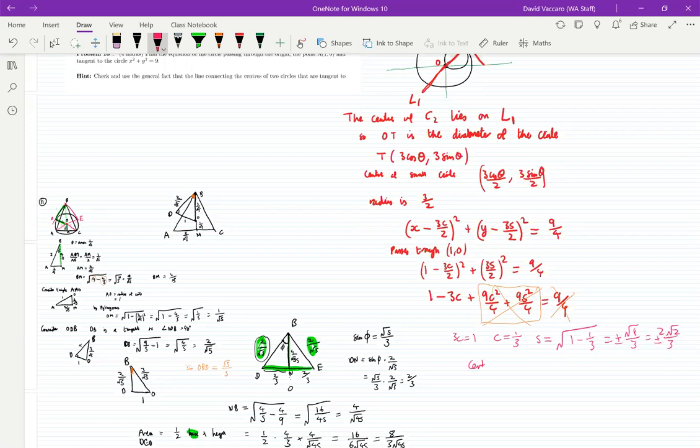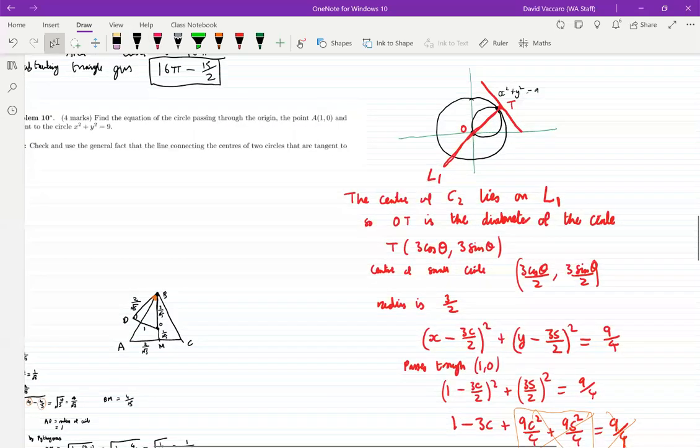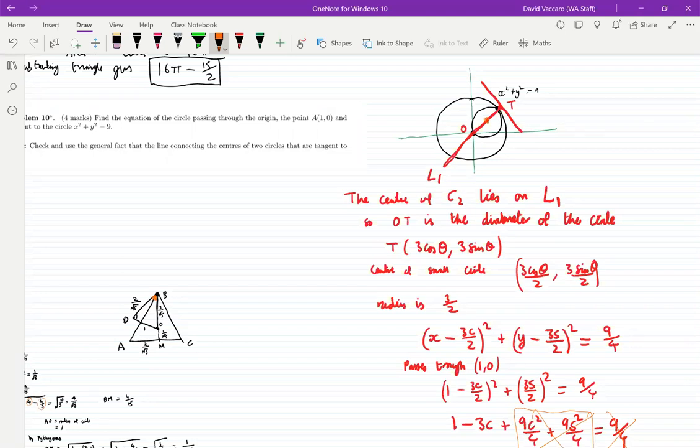So the center of the circle is (1/2, 2 root 2 over 3) or (1/2, minus 2 root 2 over 3). Okay, and all I've done there is I've chosen an angle such that the point (1, 0) lies on the circle.